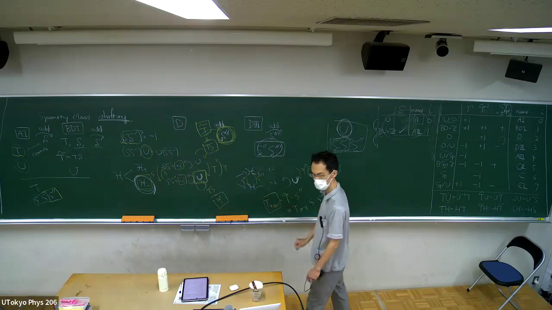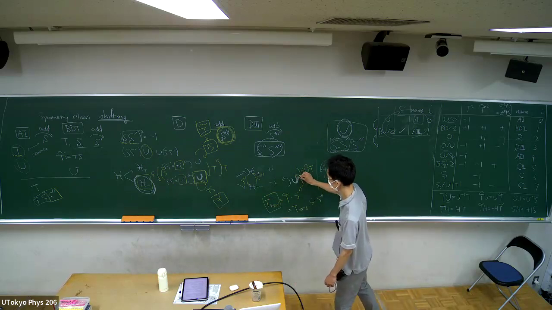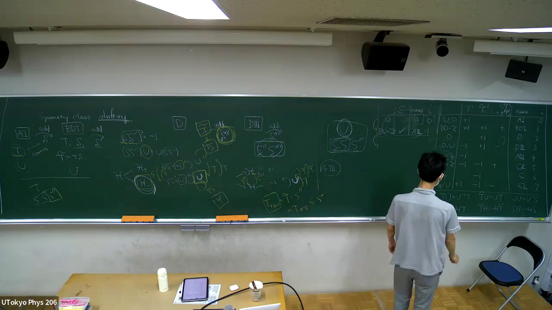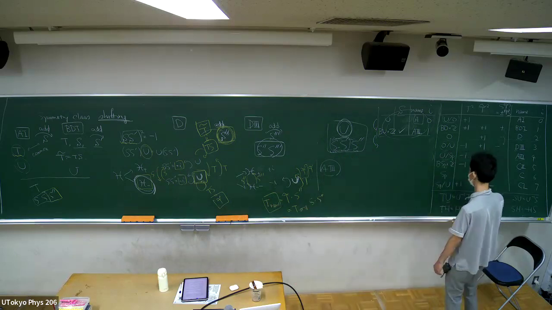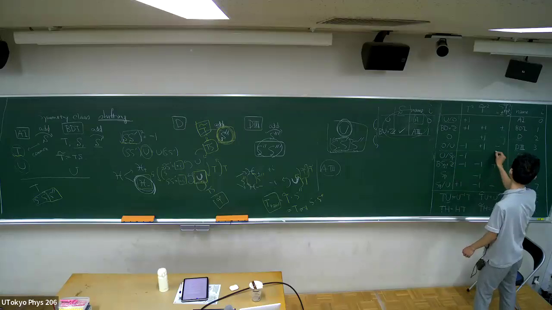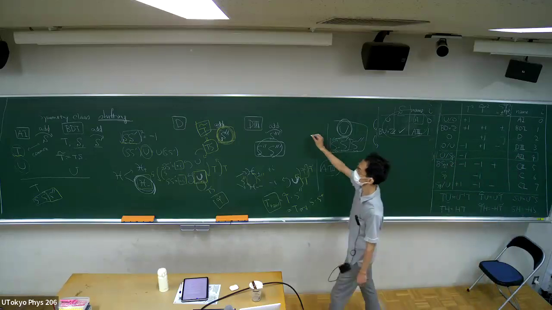So that's the new T. So this T acts within this. And you just compute the T squared. I'm not going into the detail, but you get this fourth class. So that's A2.